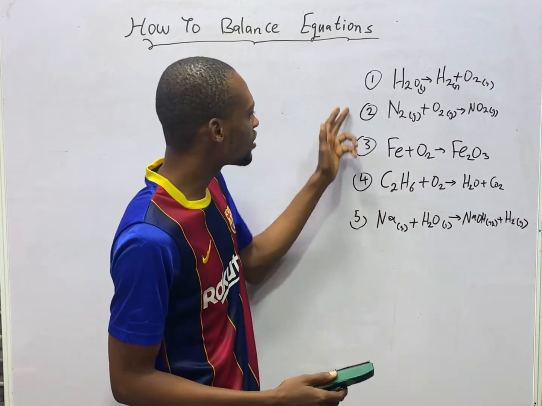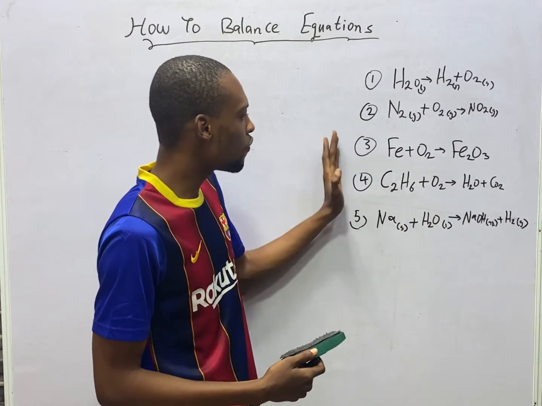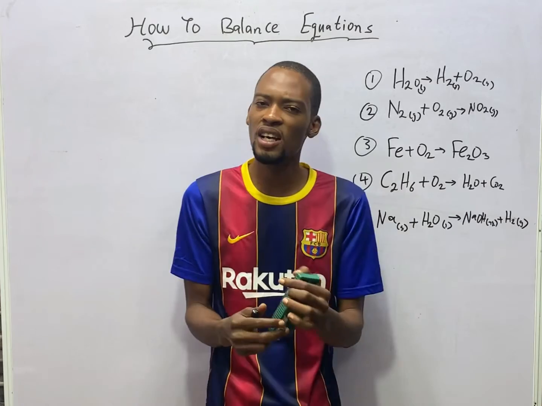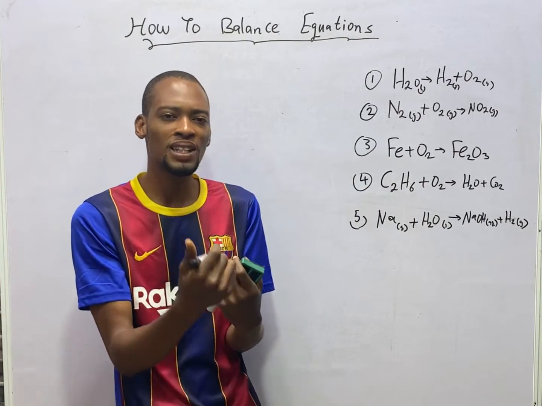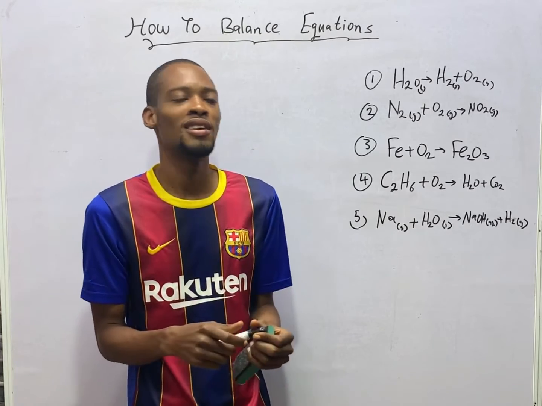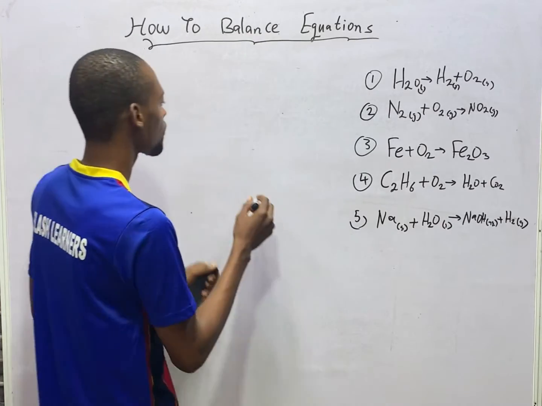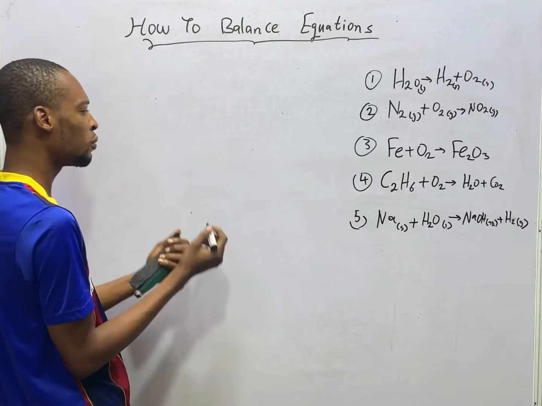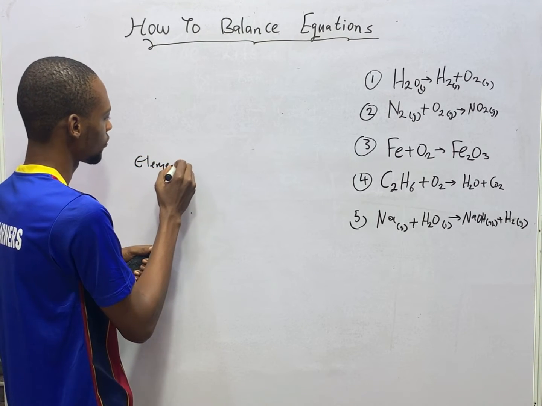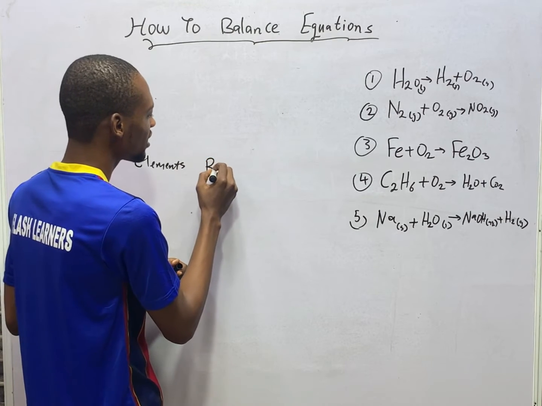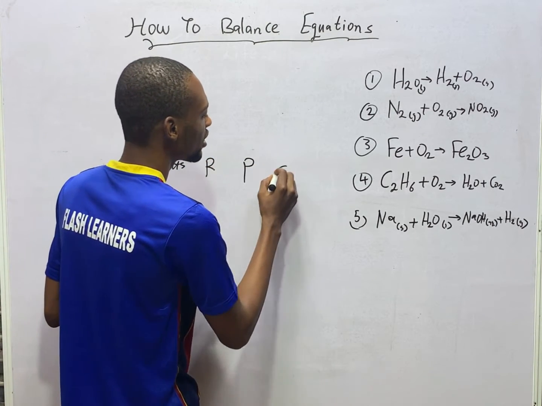Now, look at these equations. 1, 2, 3, 4, 5. Let's check whether they are balanced or not. And let's see the correct form of the equation. Take a look at the first one. Remember, the formula: elements, reactants, products, and check.